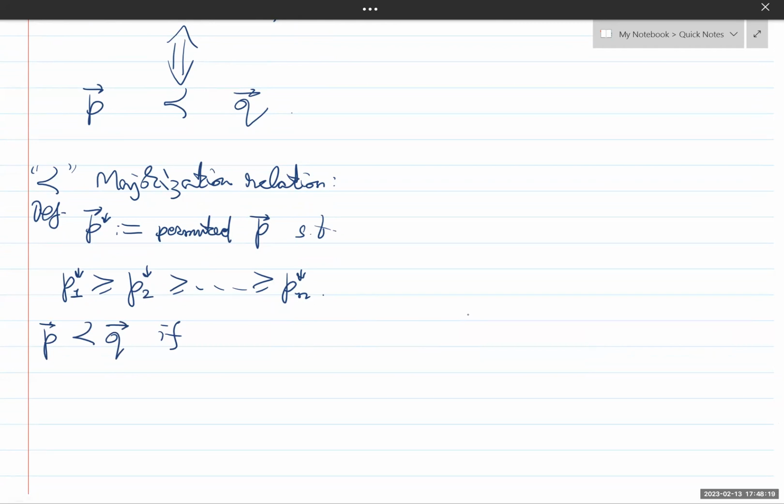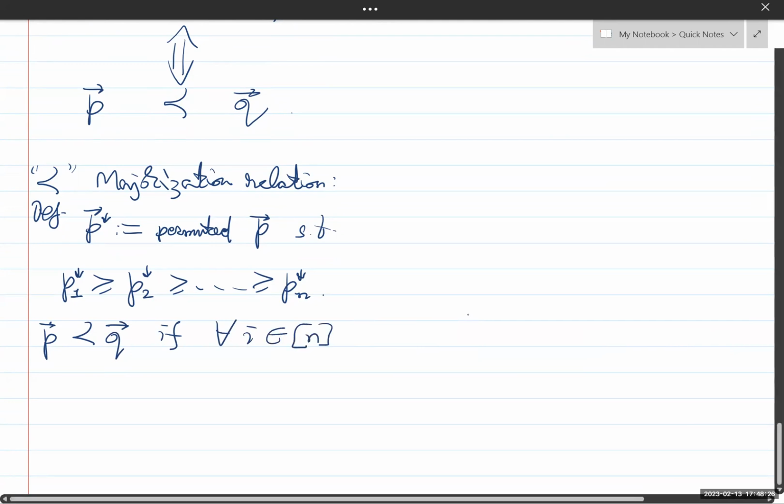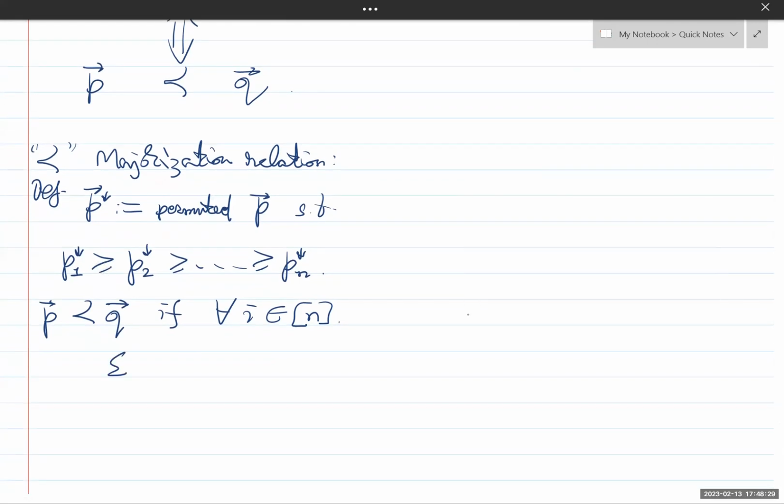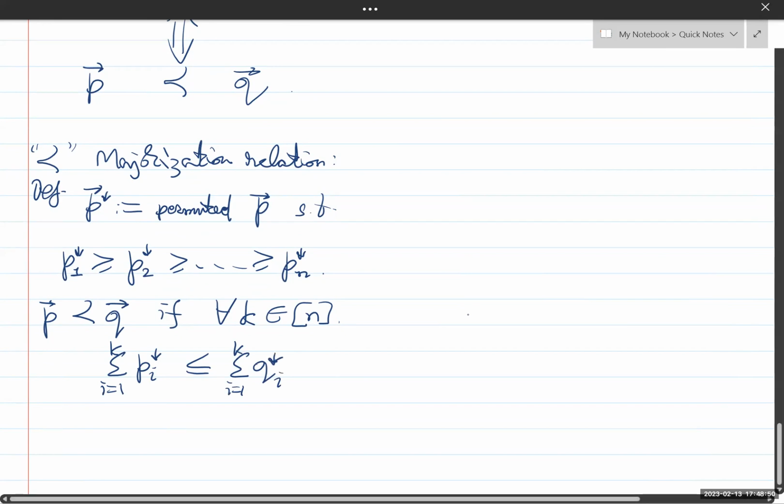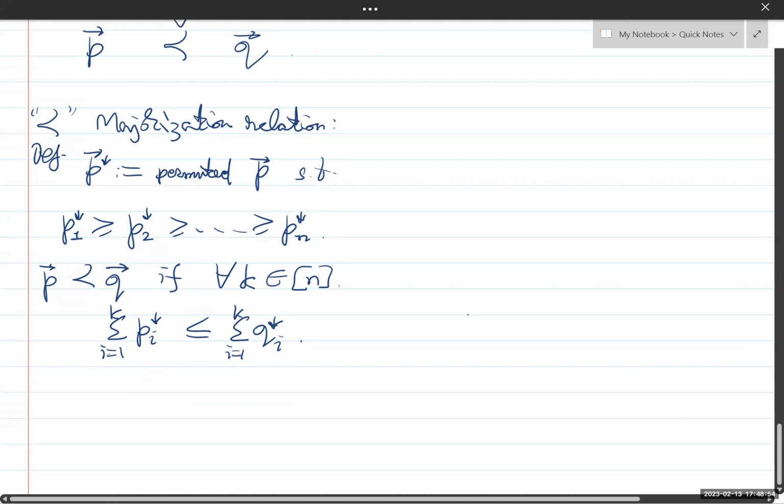if for all k between 1 and n, the sum from i going from 1 to k of P down i is at most the corresponding sum for Q. So this means that the largest component of P has to be smaller than the largest component of Q, right?